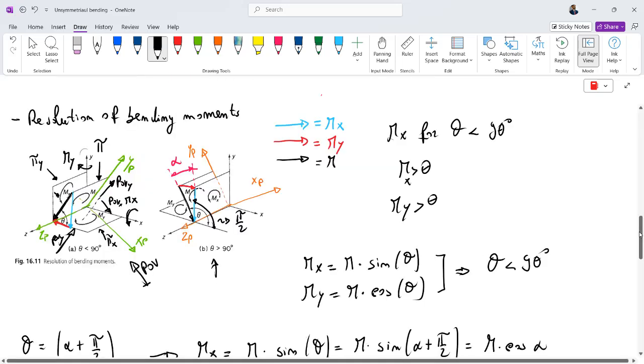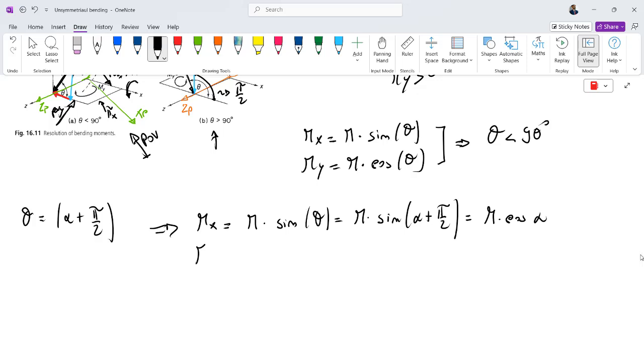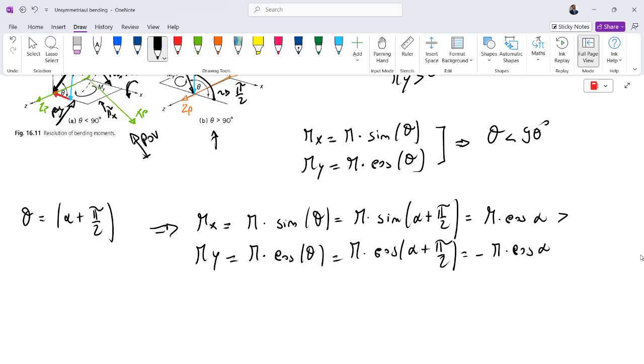So m sine theta is equal to m times cosine alpha. My is equal to m times cosine of theta, but theta is equal to alpha plus pi over 2, and this quantity is equal to minus m times sine alpha. So we have this quantity that is positive because cosine of an angle is a positive function.